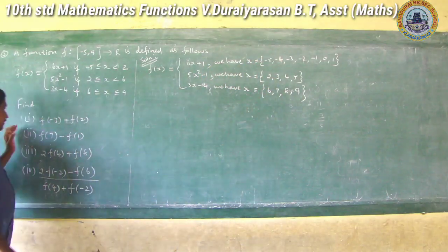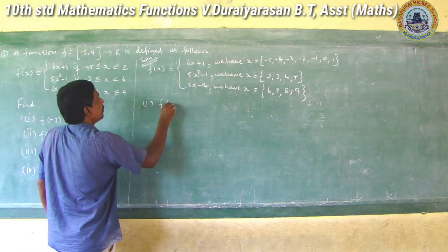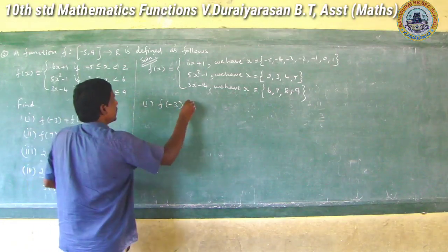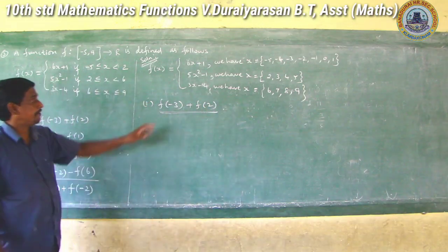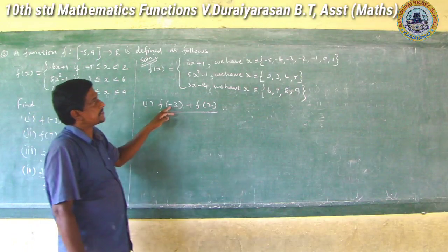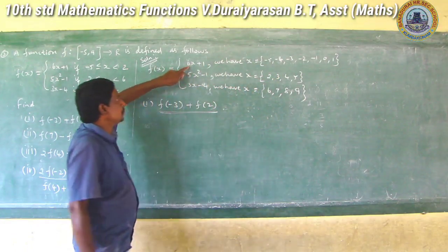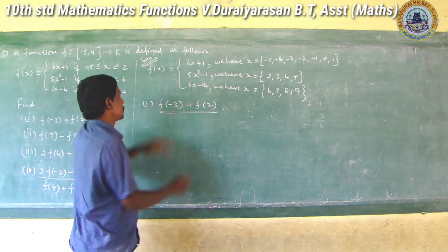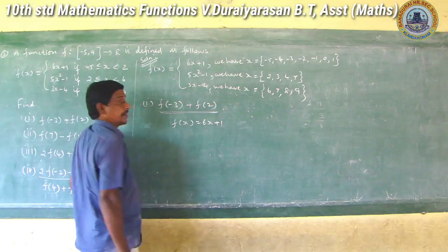Next, question number 1, f of minus 3 plus f of 2. This is the first question, f of minus 3. Where is the minus 3? In the first one. So use the function f of x is equal to 6x plus 1.